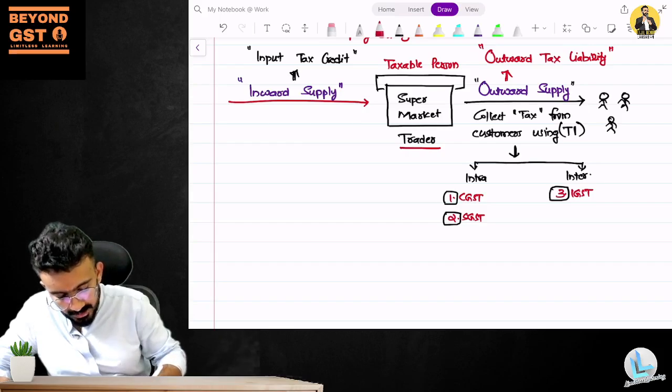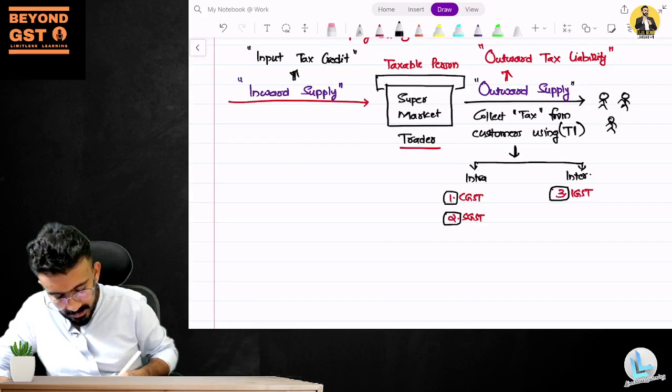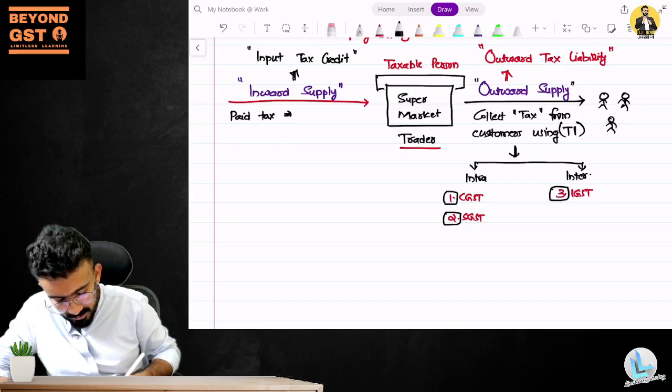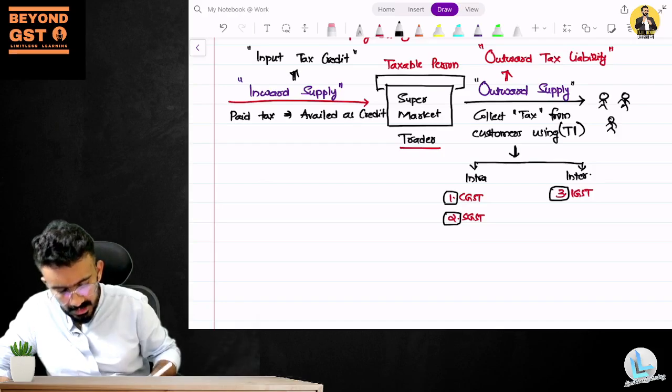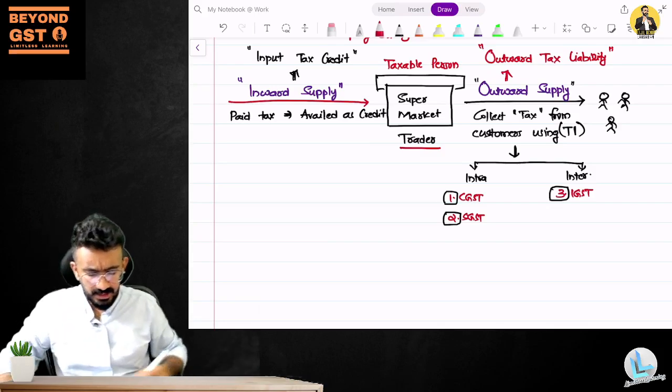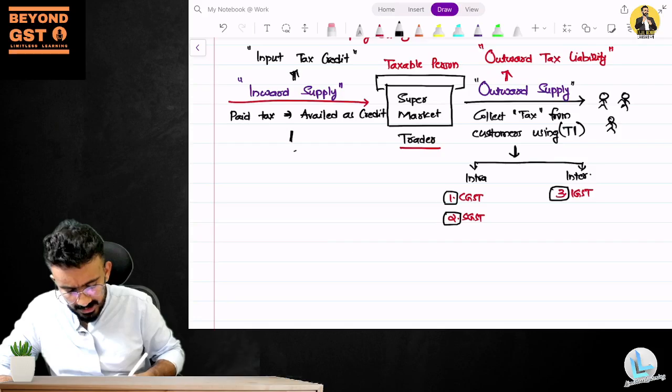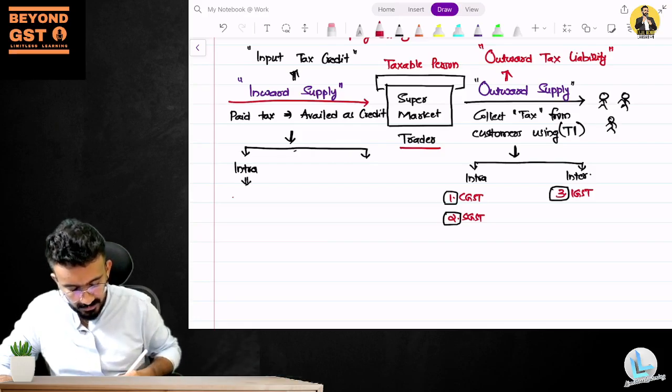So he paid taxes that will be availed as credit. You'll have to satisfy all the provisions to take credit, but what are the credits that he will have? If his purchase or inward supply was intrastate, he will have credit of CGST and credit of SGST.